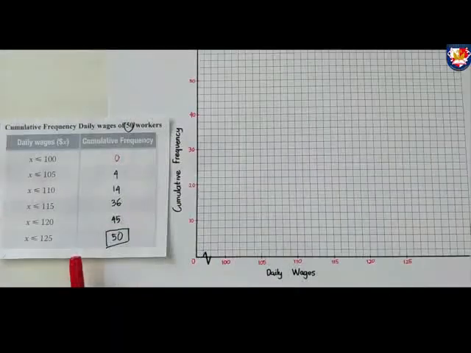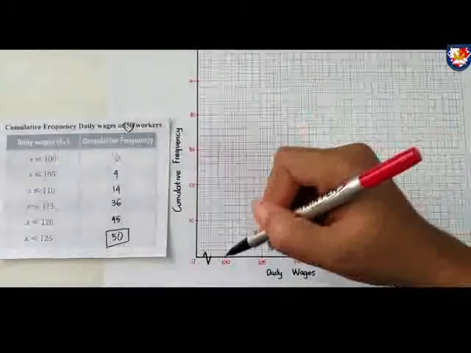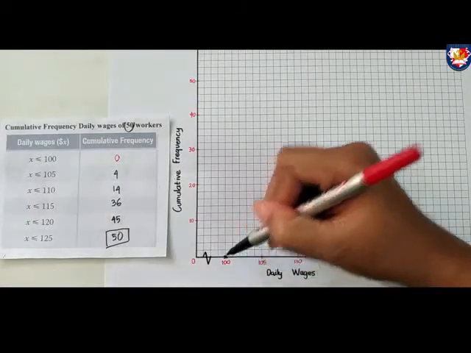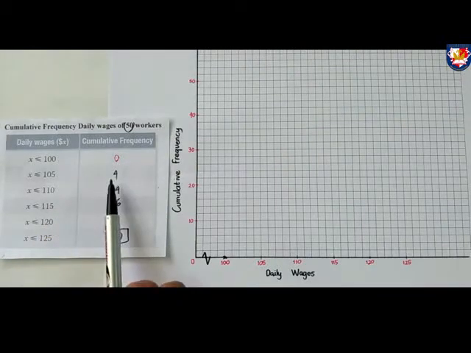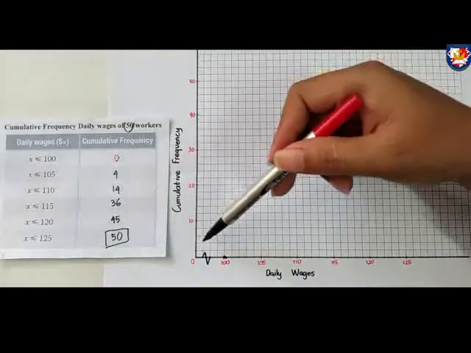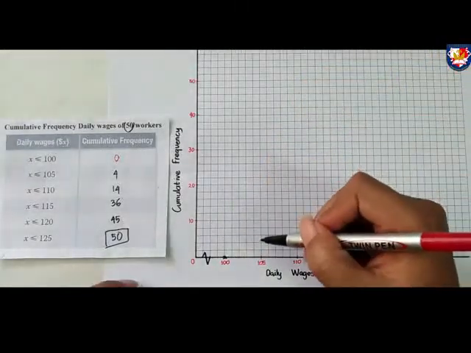The curve from this table: from x 100 it's 0, so you put it here. And then for 105 it's equal to 4. This is 2, it's around here.